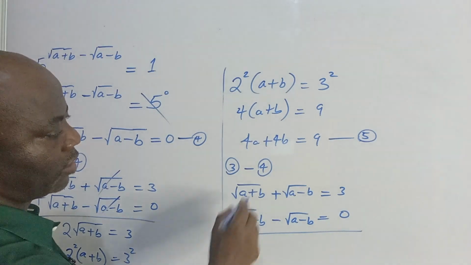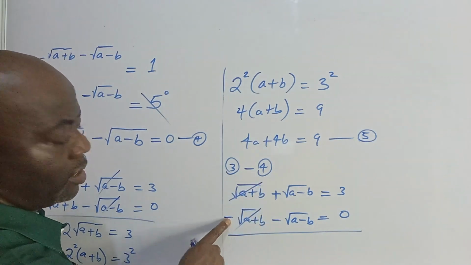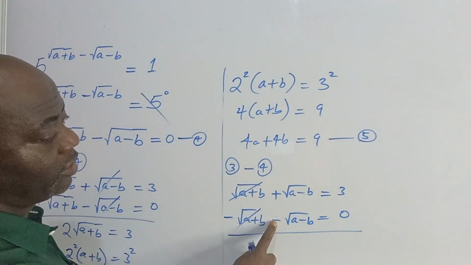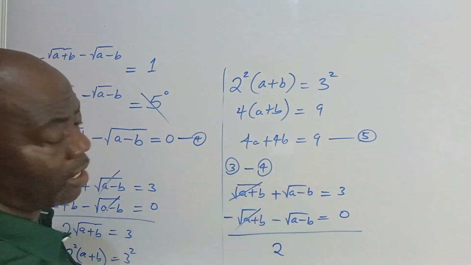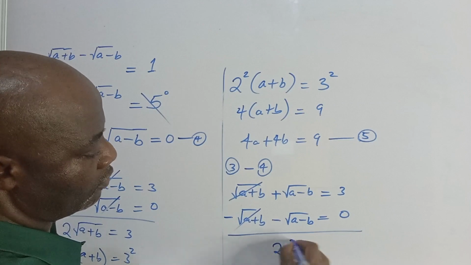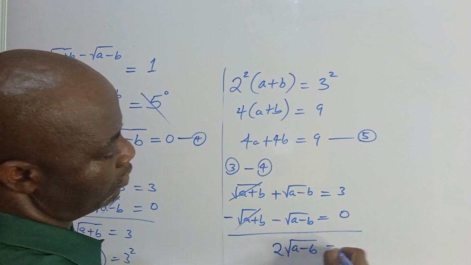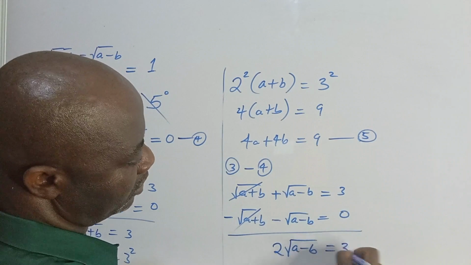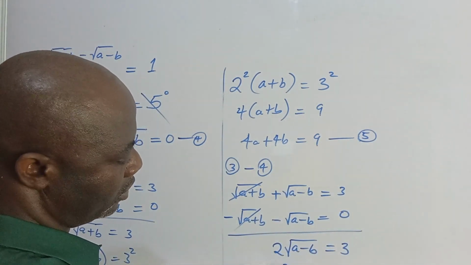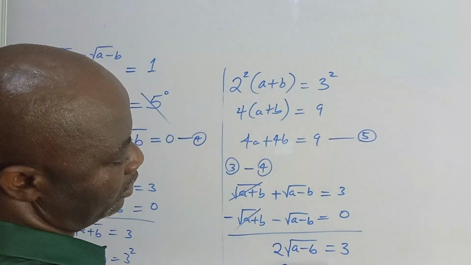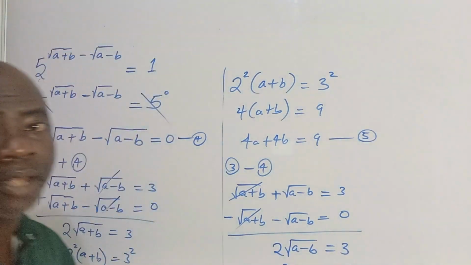Once we carry out the subtraction, the square root of A plus B terms go, and the negative sign changes to positive so the two remaining terms are added together. So we have square root of A minus B equal to 3. We do the same thing: 2 squared into A minus B equal to 3 squared. I hope that is clear.